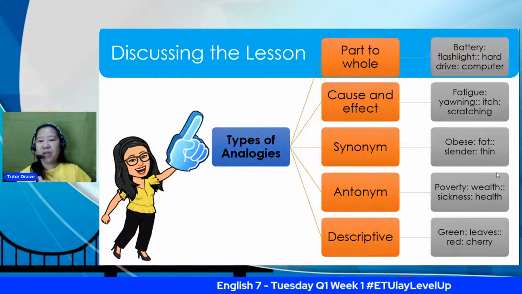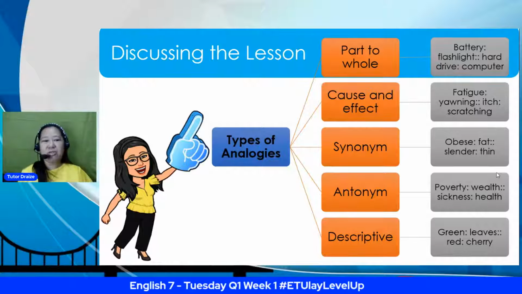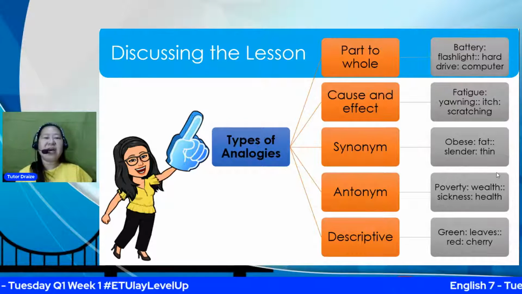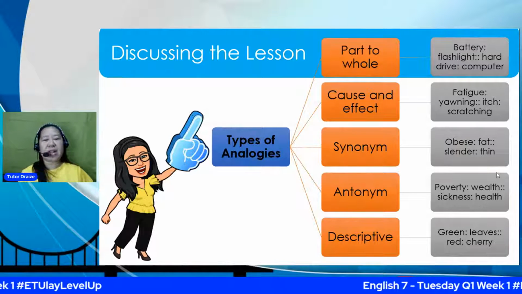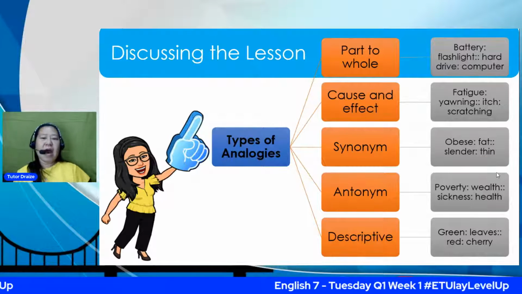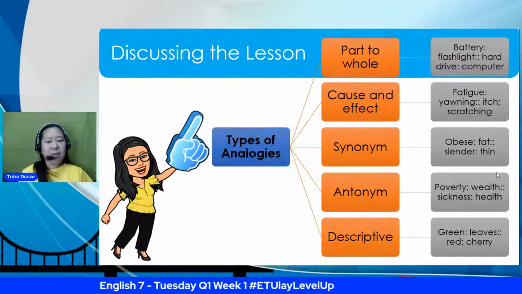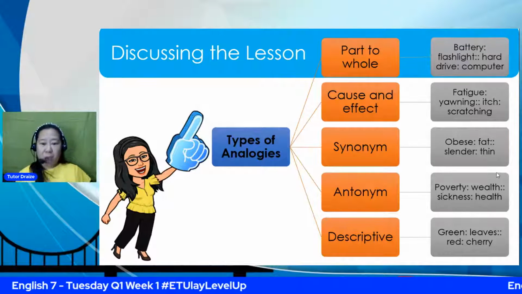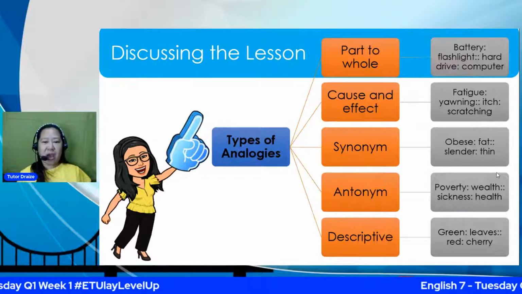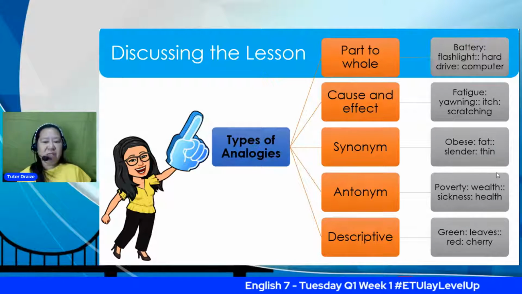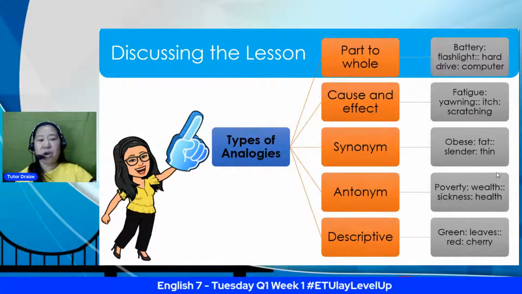Next we have cause and effect, like fatigue is to yawning, as itch is to scratching. We can also have synonym, like obese is to fat, as slender is to thin. For antonym or the opposites, we have poverty is to wealth, as sickness is to health. And for descriptives, we have green is to leaves, as red is to cherry.